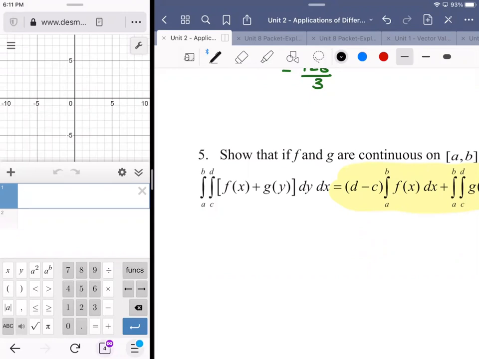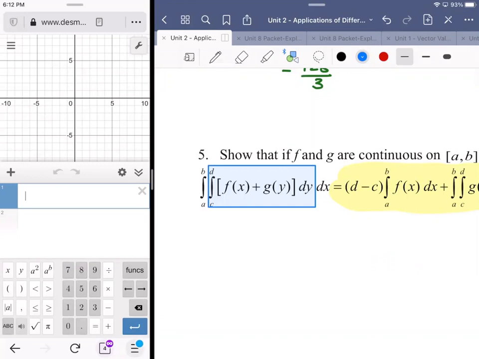So what we're going to do is evaluate it the way we handled every other double integral. Inside out.